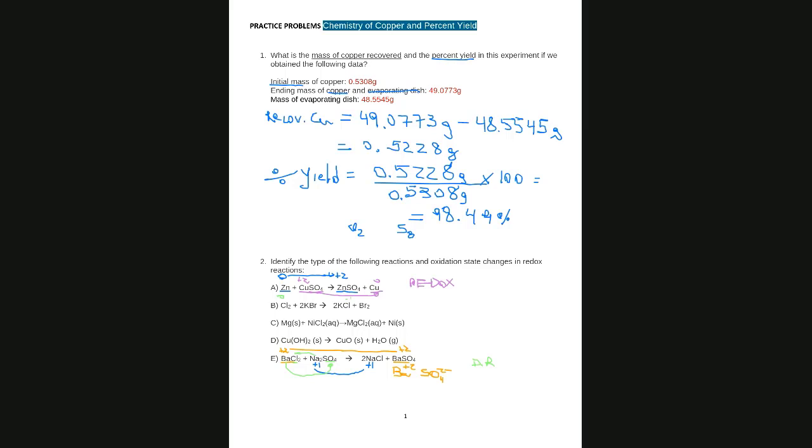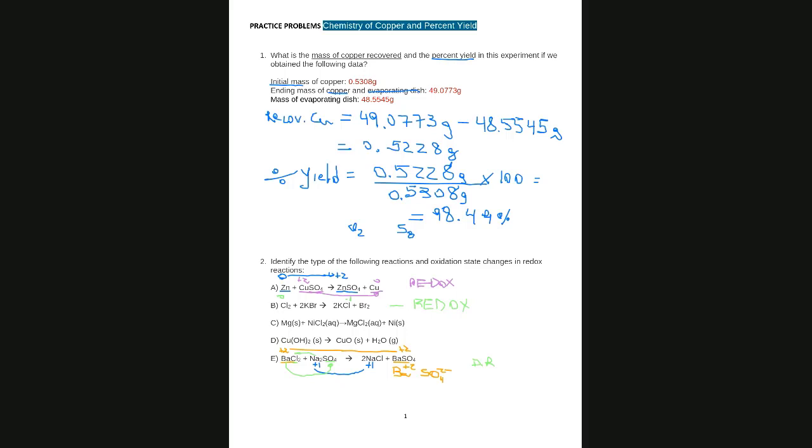The reaction B is a redox as well, because there is a change in the oxidation state. What is the change? The chlorine went from 0 to -1. It was reduced because -1 is a smaller number than 0. And how about the oxidation state of bromide?